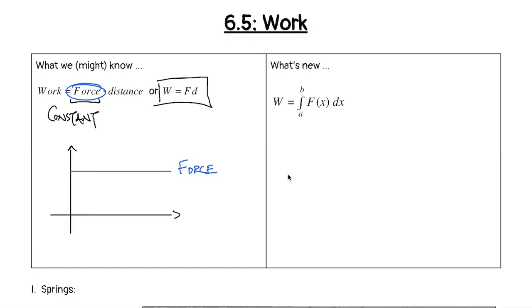And so this formula really allows us to say you're going to start at a certain point and you're going to stop applying the force at a certain distance. This part right here represents the distance over which you apply that force. And so really, force times distance is a fancy area of a rectangle formula.